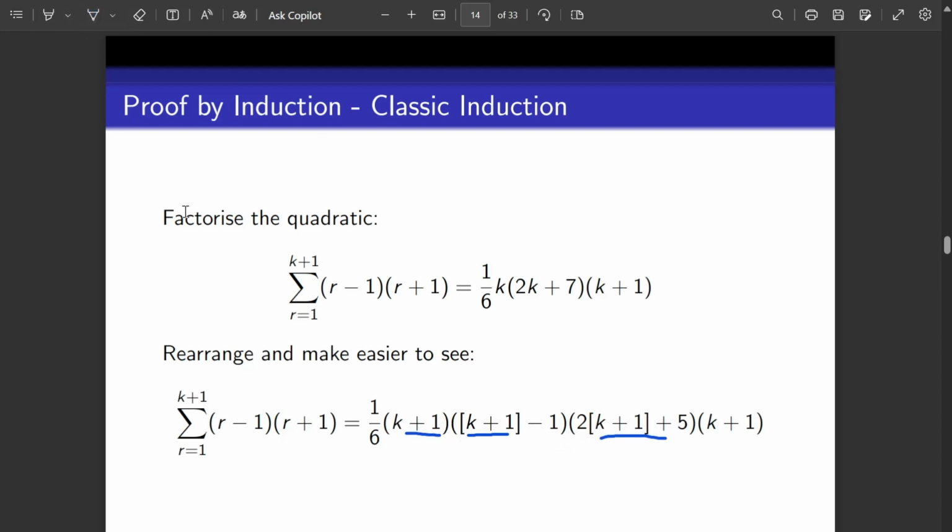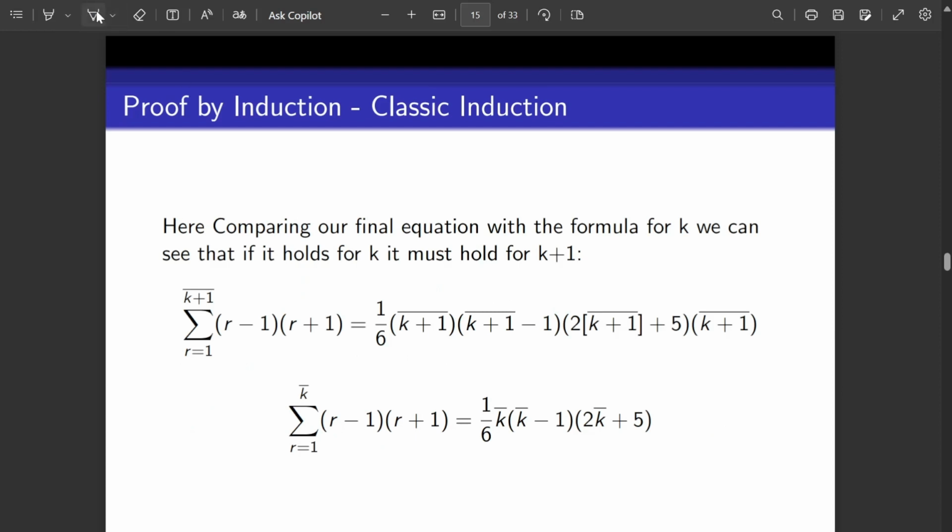On the next slide, I've overlined it so you can see it, but this is really just k plus 1 substituted. I'm sorry, this is a mistake. That shouldn't be there. Because we've come across this from our assumption that it holds when n equals k, and we've come across it completely separately, we can say that it holds when it's k plus 1.